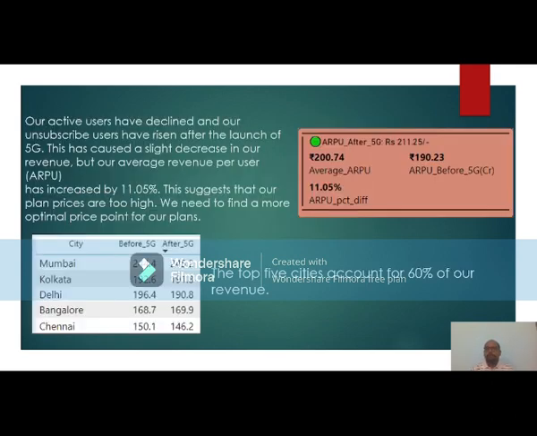The active user base did decline. However, the revenue per user has increased by 11.05%. The top 5 cities for revenue generation are Mumbai, Kolkata, Delhi, Bangalore and Chennai, which account for close to 60% of the revenue.